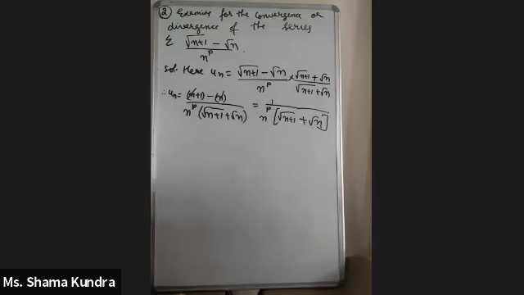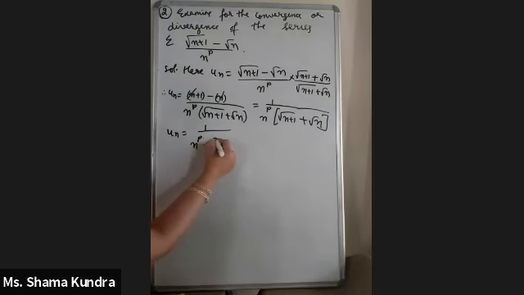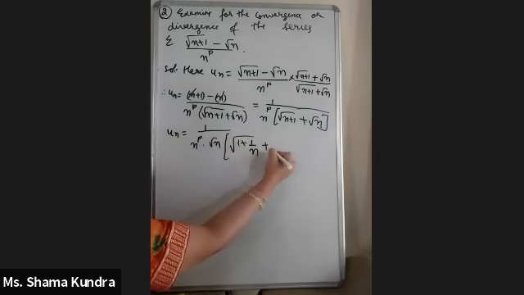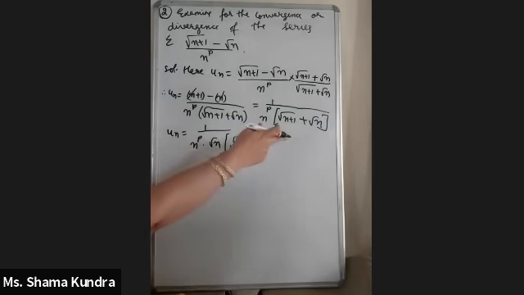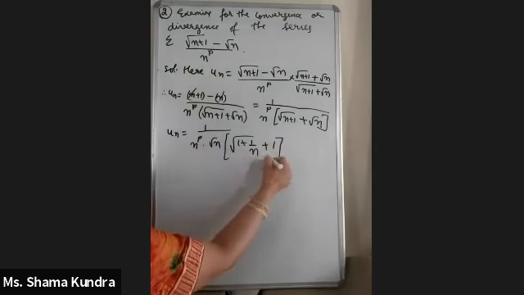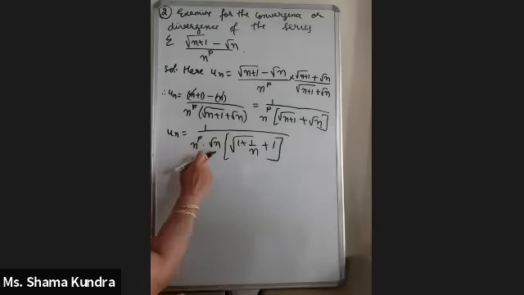What will we get? un equals 1 over n raised to power p into under root n into under root of 1 plus 1 by n plus 1, because under root n is taken common. So here it is only 1, as under root n is outside the bracket. What we have done? We have taken higher power of n common.